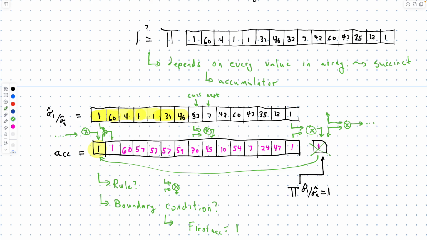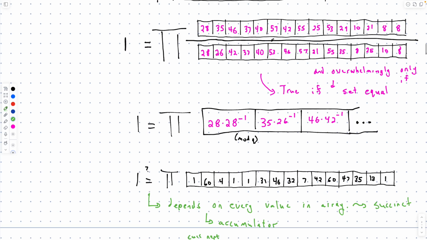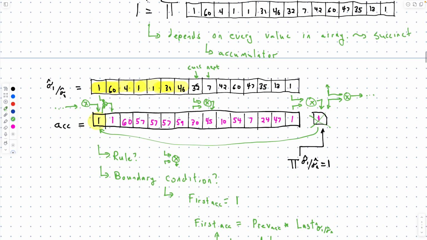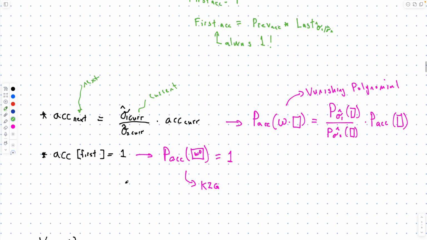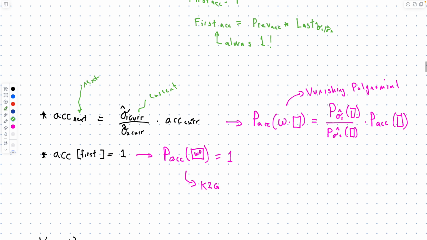I'm going to take the current value, 32. 32 came from the division of these 2 things. I'm going to multiply it by 30, and program that into the next element of the accumulator. So the next element of the accumulator is the current value, the division of these 2, multiplied by the current value I have in my accumulator.